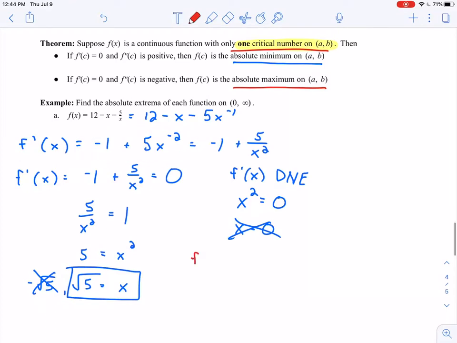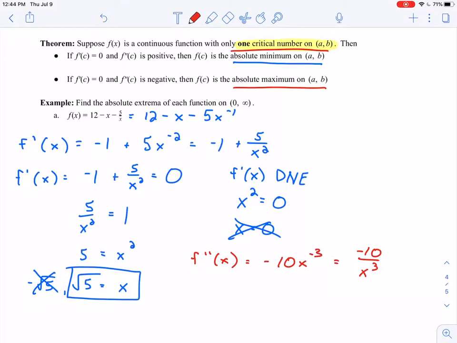I'm going to do that in red right here. F double prime of x, so the derivative of -1, that's just 0. Derivative of 5x to the -2, this is going to be -10x to the -3 power, or -10 over x cubed.